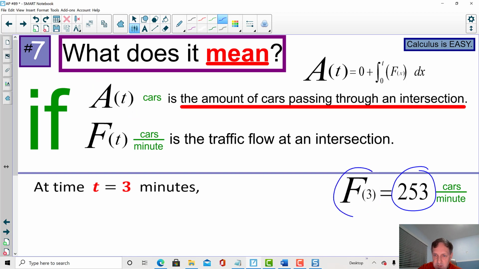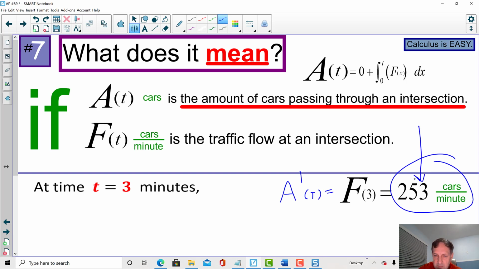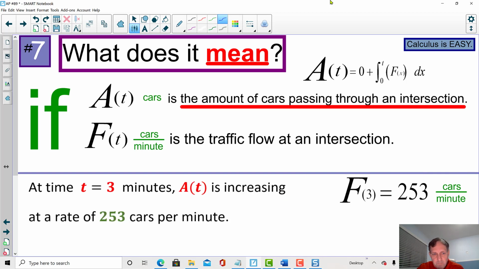So if you plug this in your calculator and you get 253, then you should notice that my derivative is positive, so that means that this is increasing. And so basically we can just say that A is increasing at this rate. Again, f prime, and we got a positive number, so that means that A is increasing at that rate.